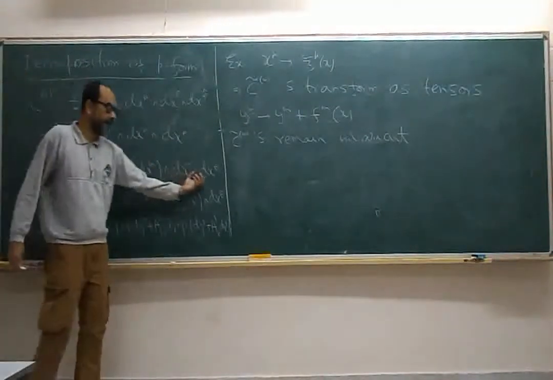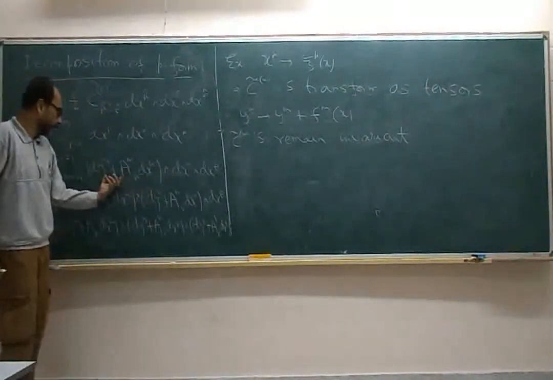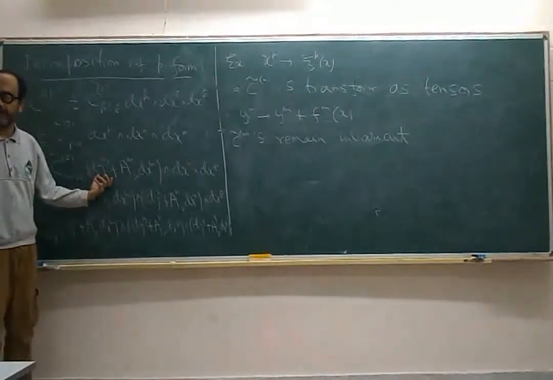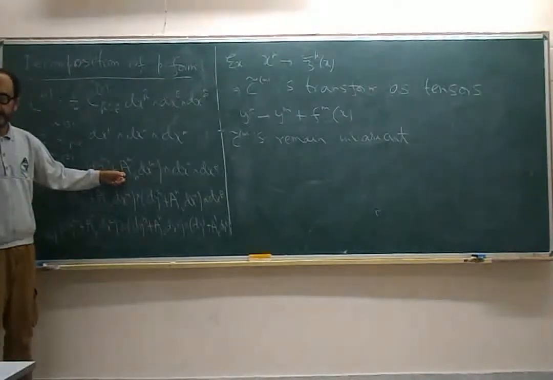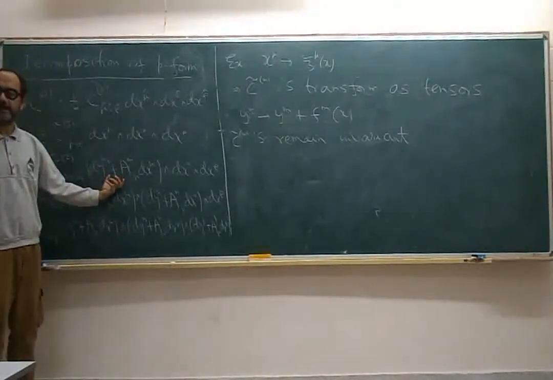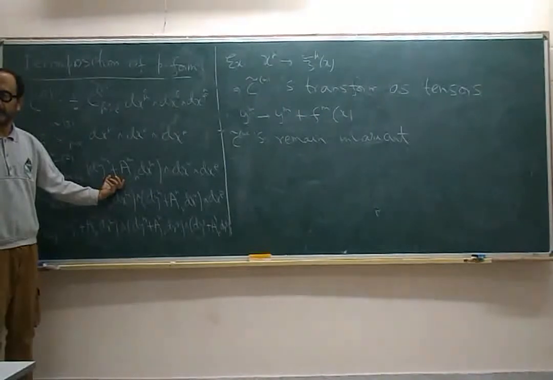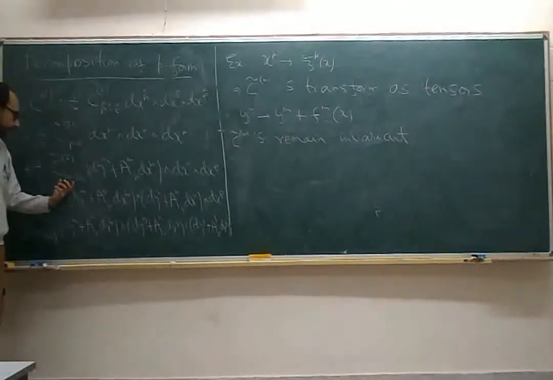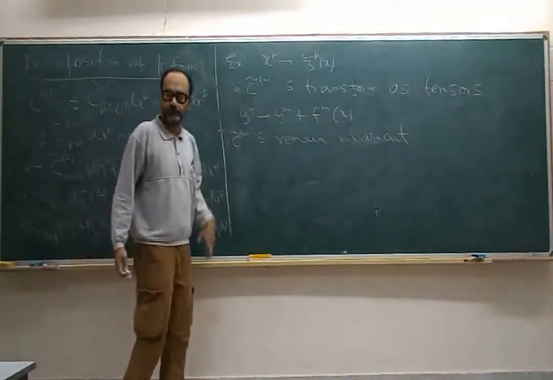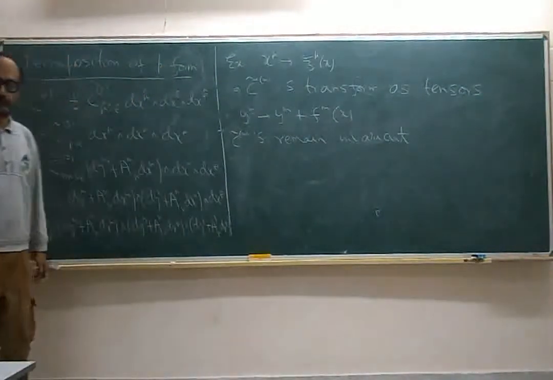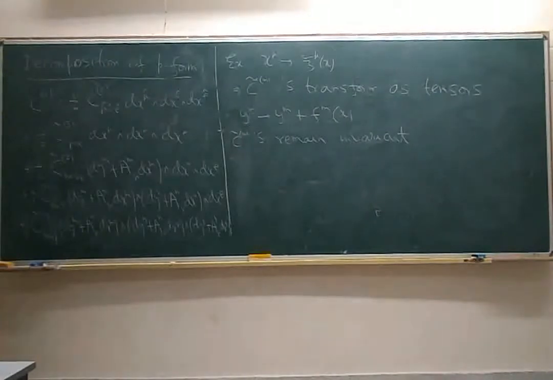These are of course invariant anyway. And this combination has been chosen precisely so that it remains invariant once you make an appropriate transformation on the A mu. The A mu transformation we have already given. That is enough to keep this as it is, and as a result, there is no need to change these C tildes. These remain invariant. Is this clear?